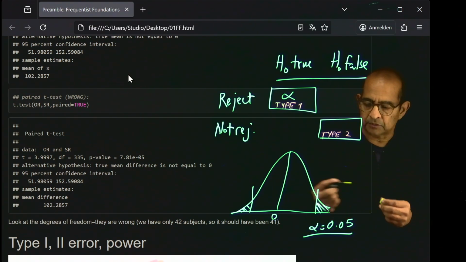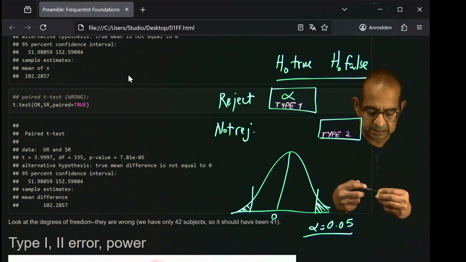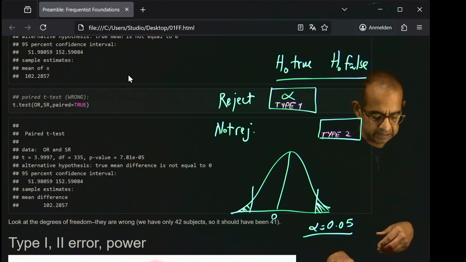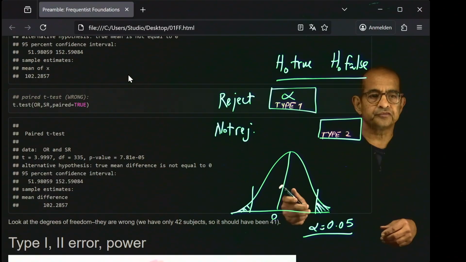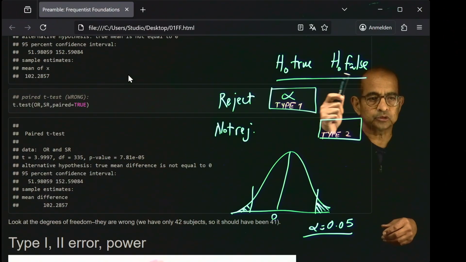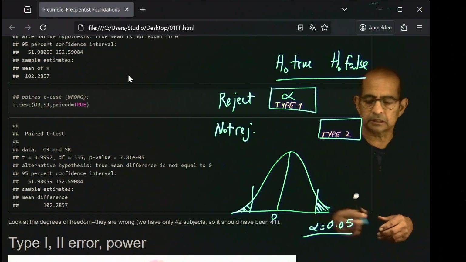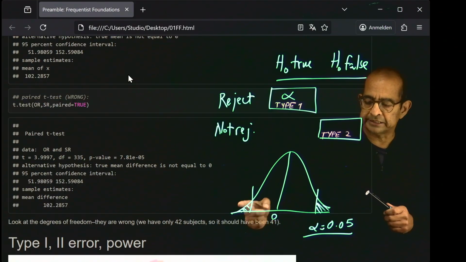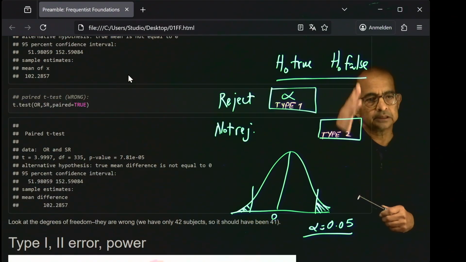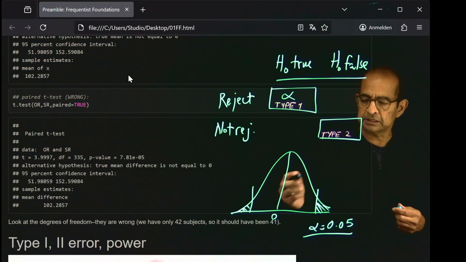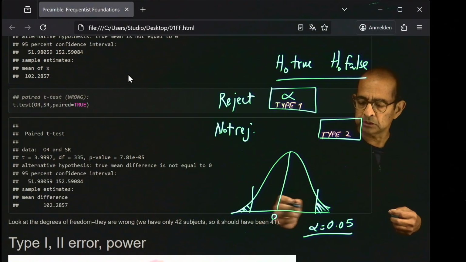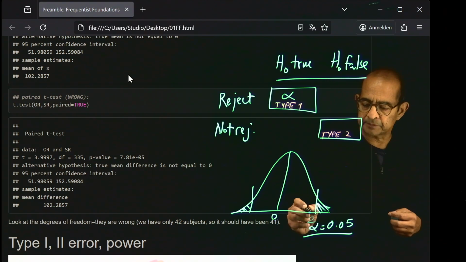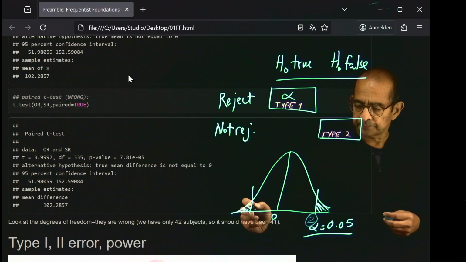Now, the interesting situation is, what would happen if the null was actually false, with some particular value on the x-axis for the t value? The t value could be, for example, let's say 2. Let's just say that the t value that represents the truth about the world is 2, and not 0.